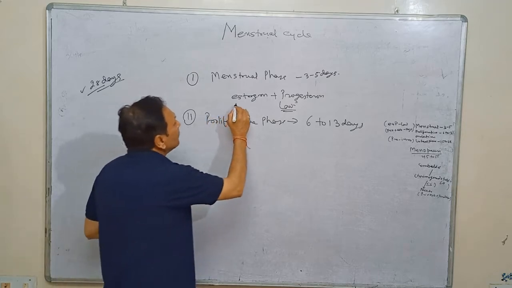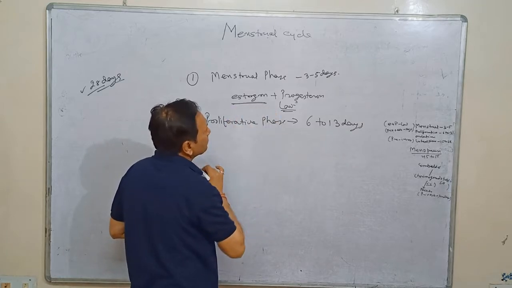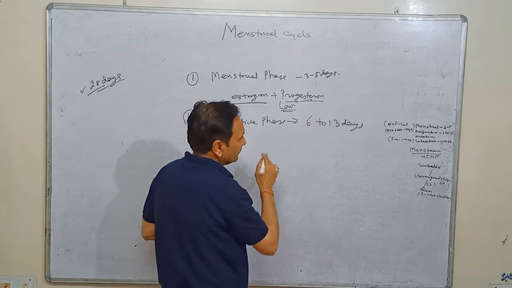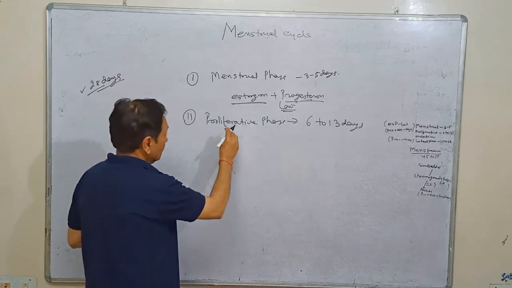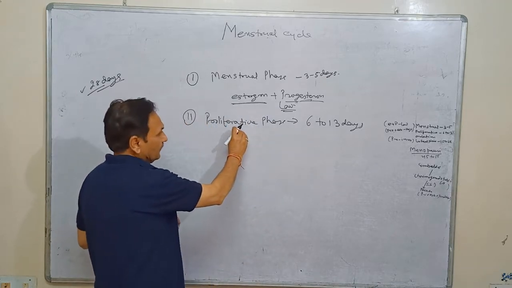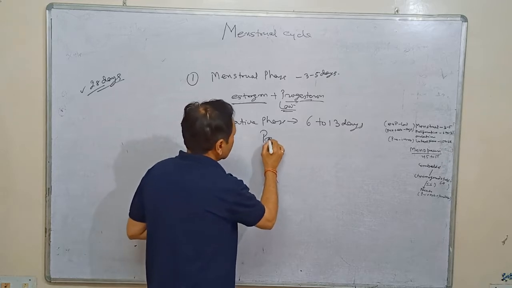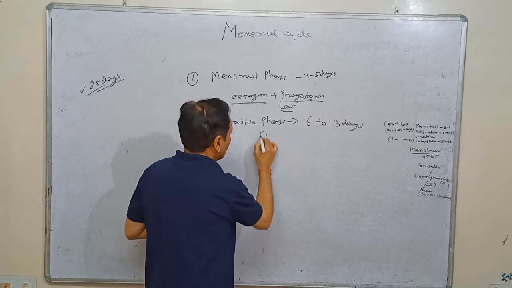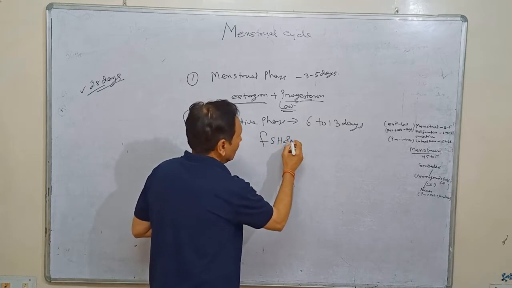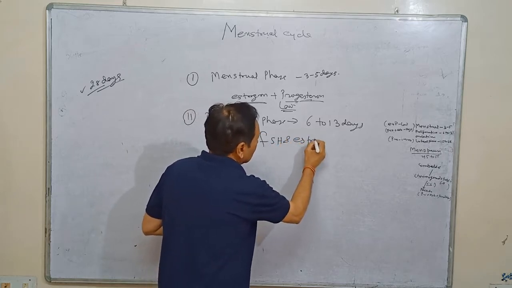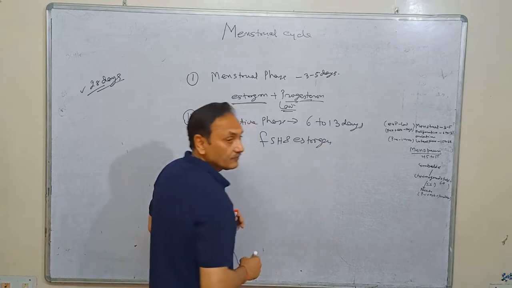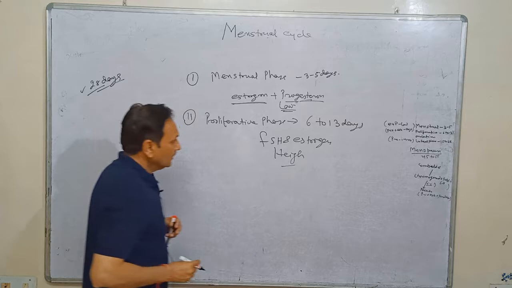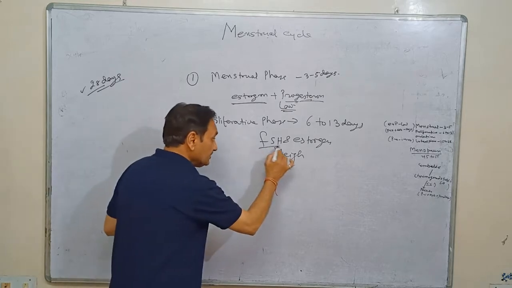When estrogen is released, in the case of proliferation, we have observed that FSH and estrogen become high. It means there is a relation between FSH and estrogen.